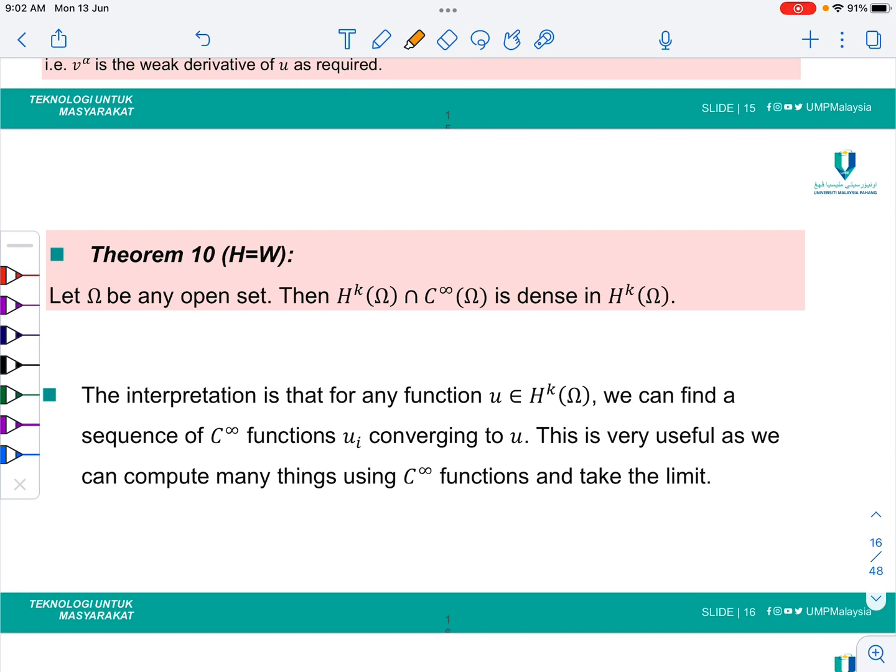The interpretation is that for any function u in Hk, we can find a sequence of C infinity functions ui converging to u. This is very useful as we can compute many things using C infinity functions and take the limit. What it means is that any function in Hk can be approximated arbitrarily closely by a C infinity function.